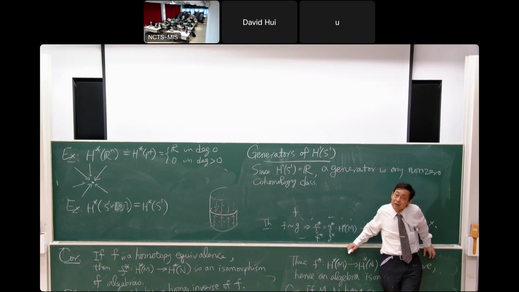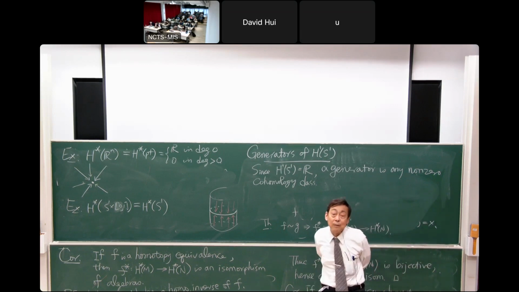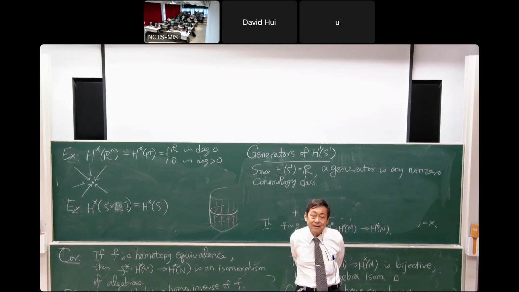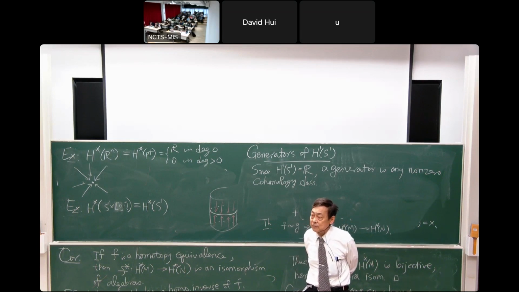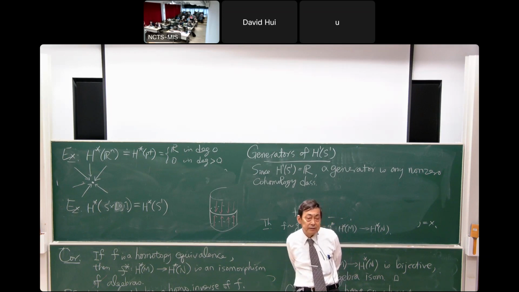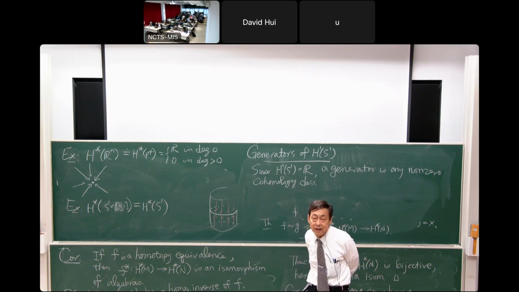You have to write down a one form, right? Yeah, a closed one form, but every one form on the circle is closed. So you just need to write down a one form, okay? But the one form has to be non-exact, right? Because if it's exact, then it would give you the zero cohomology class.